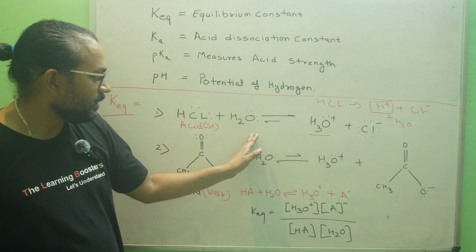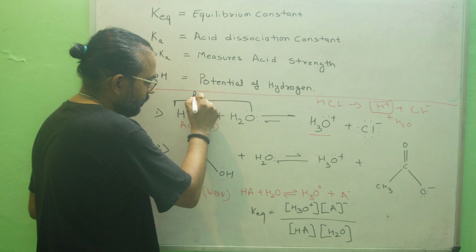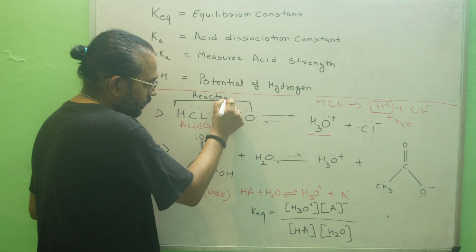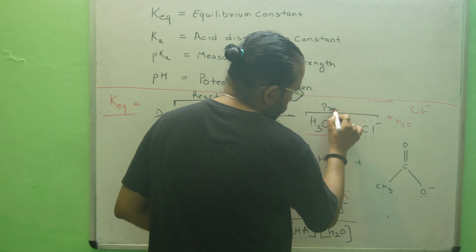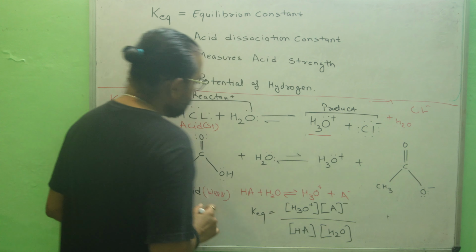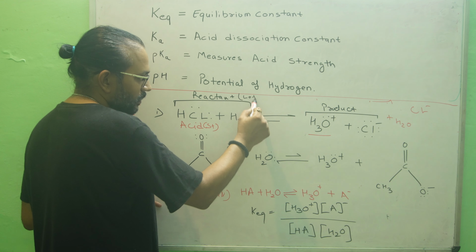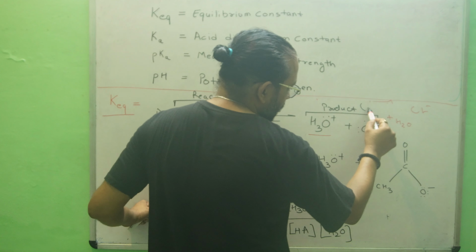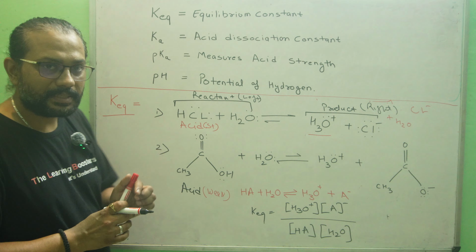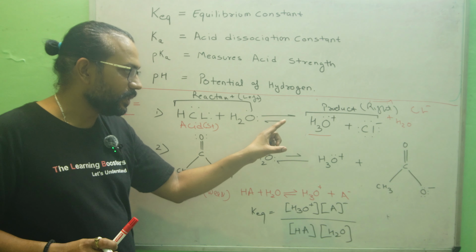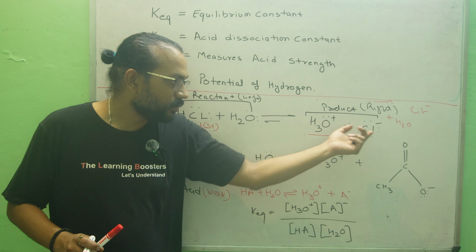Right means, if I say this is a reactant and this is a product, I consider this the left side and this the right side. As I said, HCl completely dissociates into ions, leading to formation of hydronium plus chlorine ion.